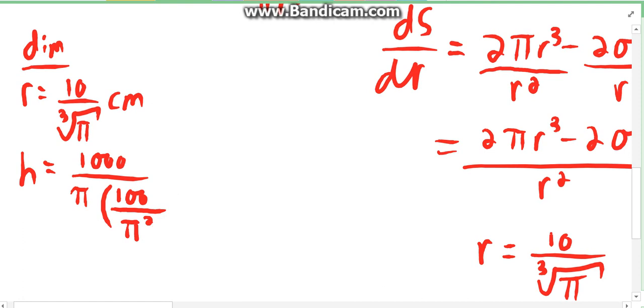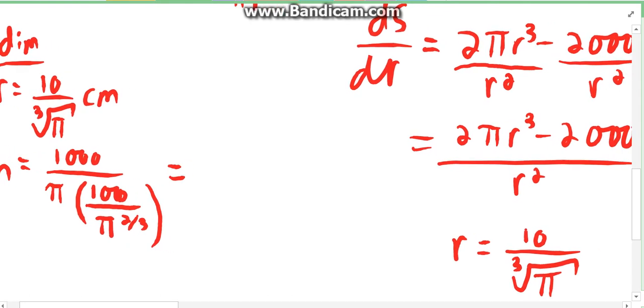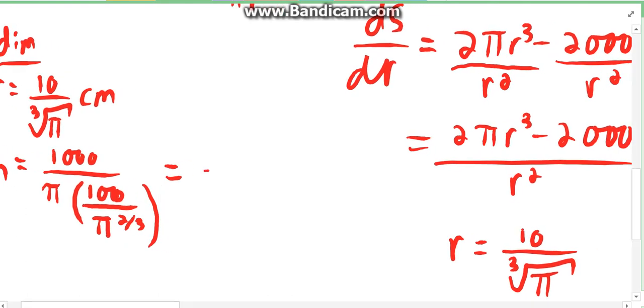Then we can reduce that because in the denominator we have a pi and then a pi to the 2/3 in the denominator of the denominator. So what's pi over pi to the 2/3 going to become? The cube root of pi, or pi to the 1/3. So that's what's in the denominator, pi to the 1/3. And in the numerator you have 1,000 divided by 100, so that's 10.